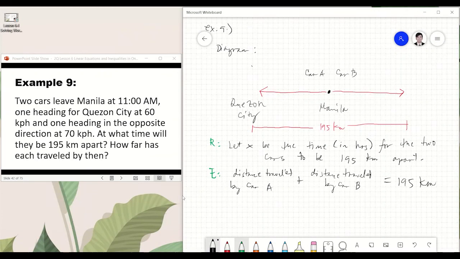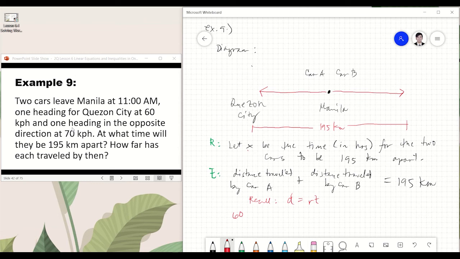So, yung gagamitin natin ulit, yung idea of the formula distance is equal to rate times time. Ano yung rate ng ating car A? Based from the problem, it was 60 kilometers per hour. So, 60 times yung time.